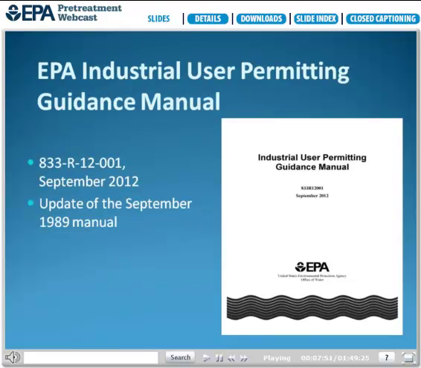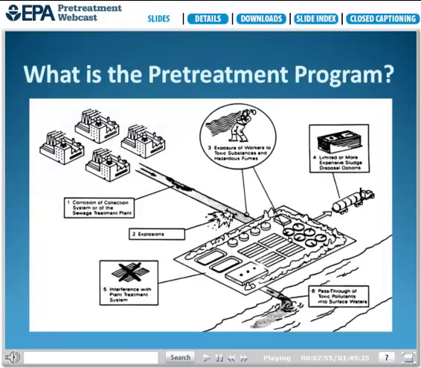Here is a diagram you may remember from the webinar, Introduction to the National Pretreatment Program. To refresh your memory, this diagram generally displays locations where violations of pretreatment program standards and requirements might occur. The POTW establishing its pretreatment program needs to determine how it is going to protect its collection system, its piping, its treatment plant, and also ensure compliance with its own permits.